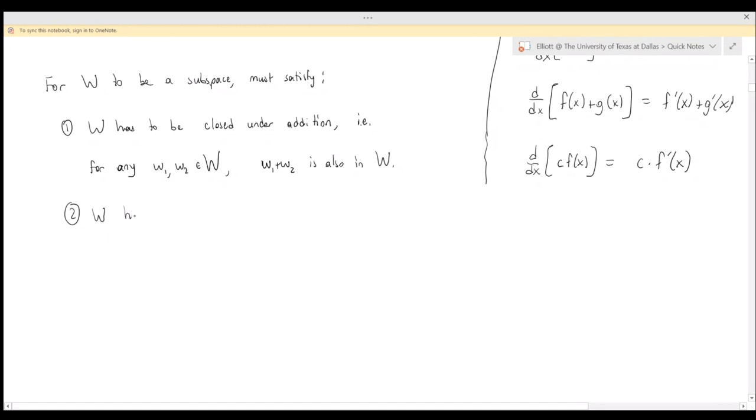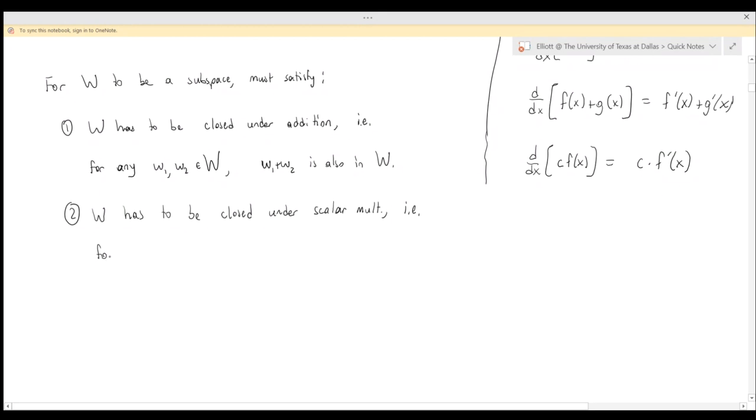And then next, it also has to be closed under scalar multiplication. All right, so then what does it mean to be closed under scalar multiplication?